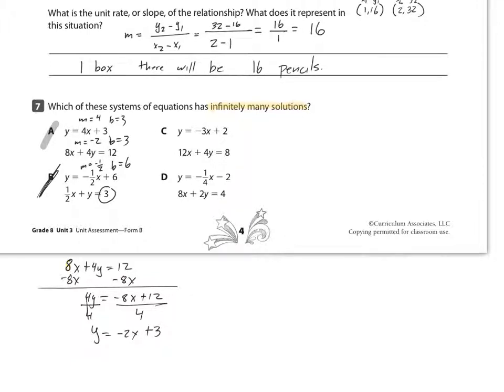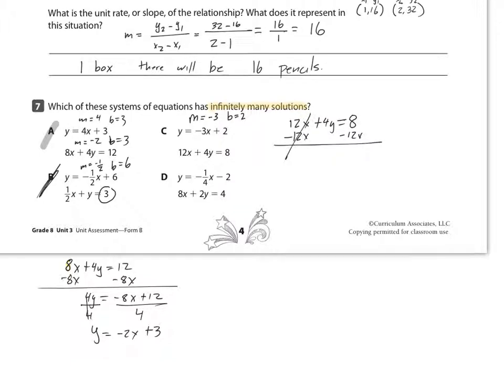Let's jump to part C. So we have negative 3 as your slope. Y-intercept is 2. Now we're going to solve 12x plus 4y is equal to 8. So we're going to subtract 12x from both sides.